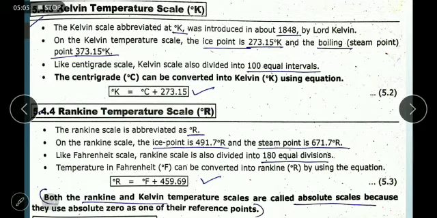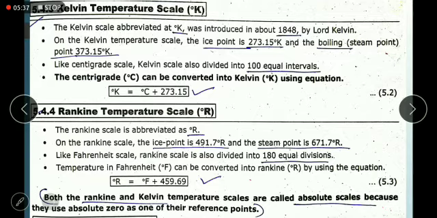Then the next one is the Rankine temperature scale, shown as degree R. On the Rankine scale, the ice point is 491.7 degrees Rankine and the steam point is 671.7 degrees Rankine. Like the Fahrenheit scale, this scale is also divided into 180 equal divisions.